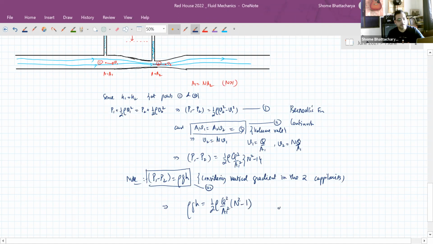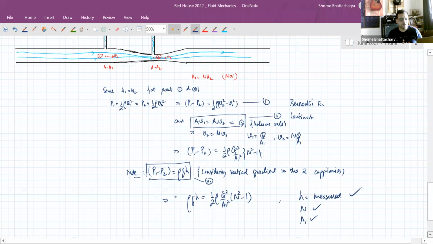So, of the things that we have measured in the experiment, n is a known quantity and A1 is a known quantity. That means we have measured the cross-sectional area, and the ratio of the cross-sectional areas A1 and A2.